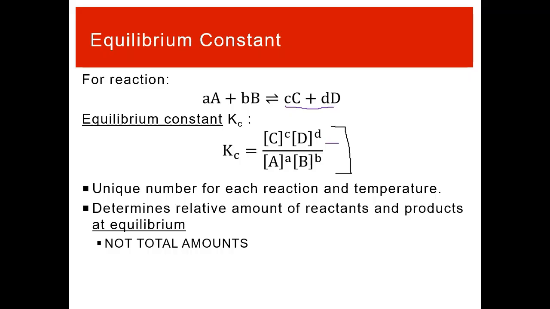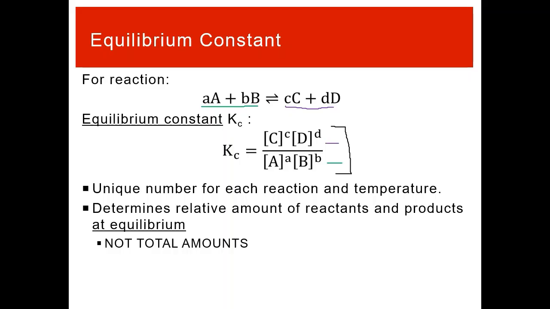So the coefficient that I had in the equation does still show up here. It's not like rate orders where we couldn't use it. We want to use those coefficients. On the bottom are then my reactants, again concentration in molarity raised to an exponent equal to the coefficient in the balanced chemical equation.